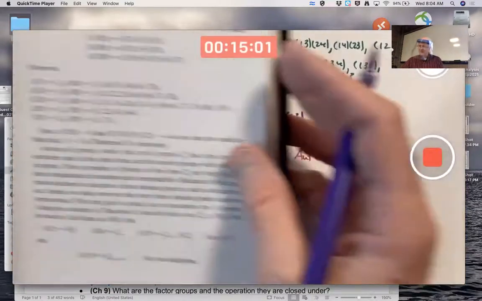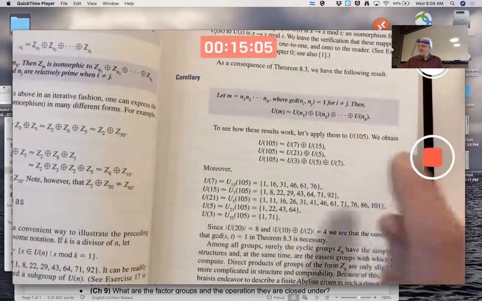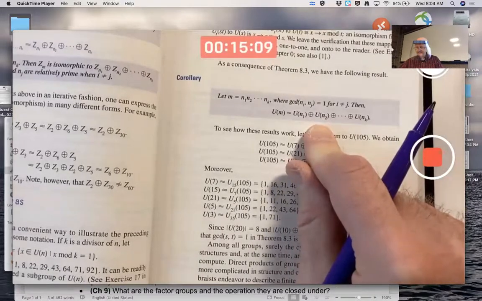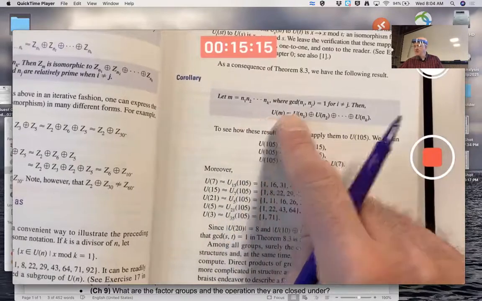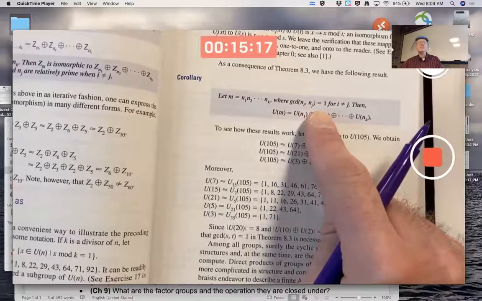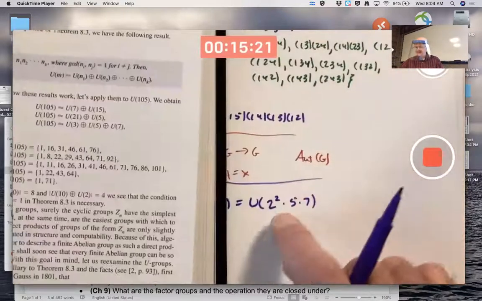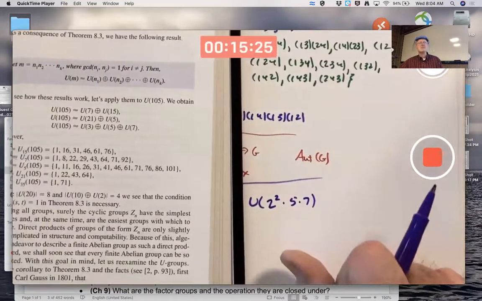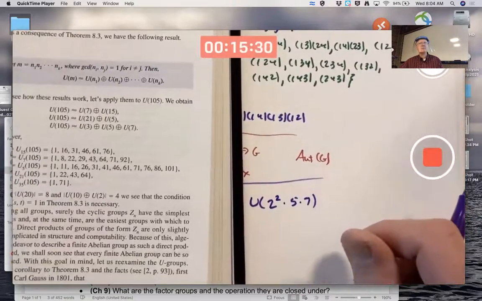Now, what theorem is most useful here? Probably the corollary of theorem 8.3. Let M be the product of a bunch of numbers where those numbers are relatively prime. What would the numbers be in this case? 2 squared, 5, and 7. 4, 5, and 7 are each relatively prime to each other.